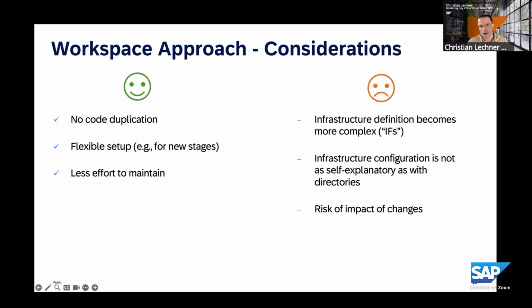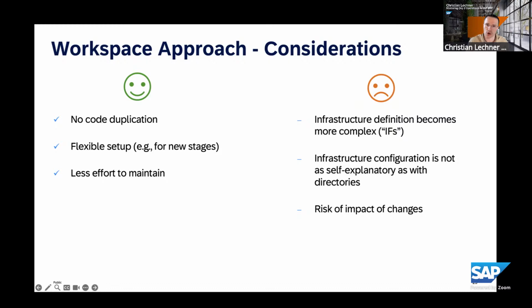Now, there are also, from my perspective, downsides or things that you have to consider compared to the directory approach. The infrastructure definition becomes more complex. The degree of how much more complex it becomes depends on how flexible you will be, how much if-then-else stuff you put into your configuration to be able to have everything in this one code base. That's something that you have to wrap your head around.